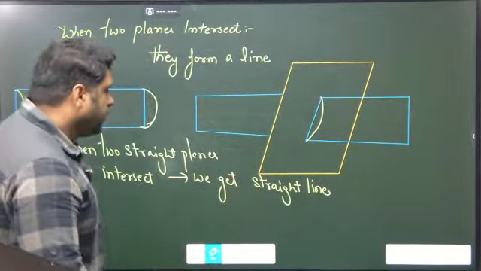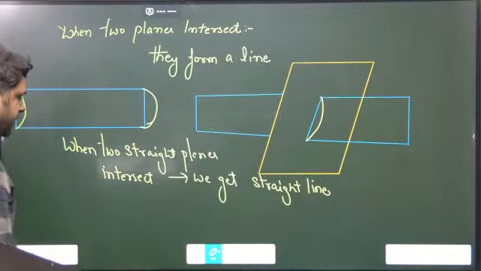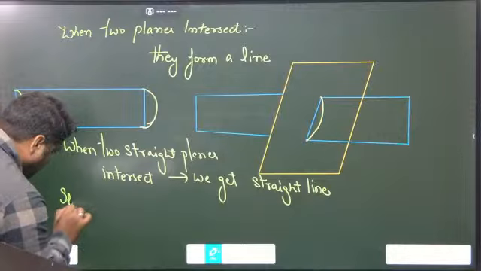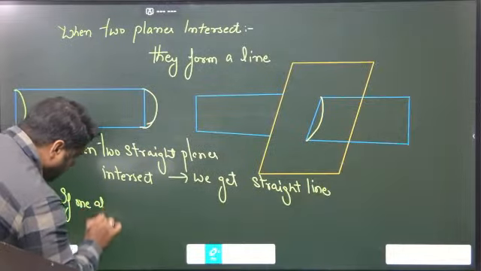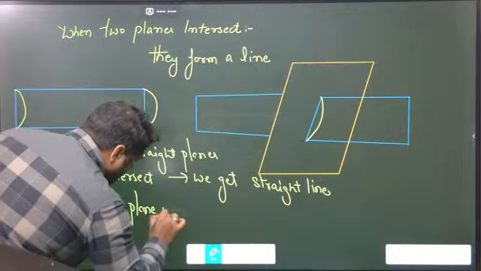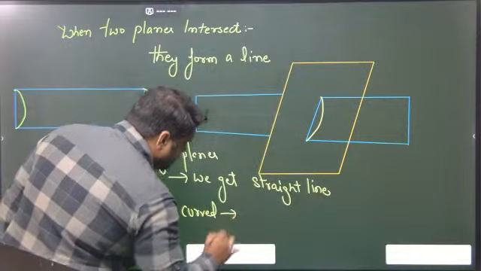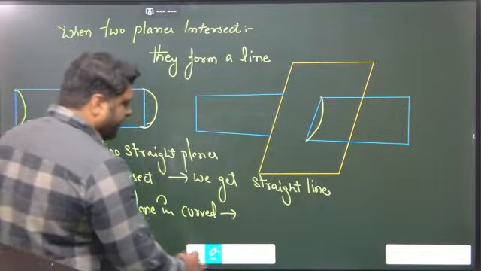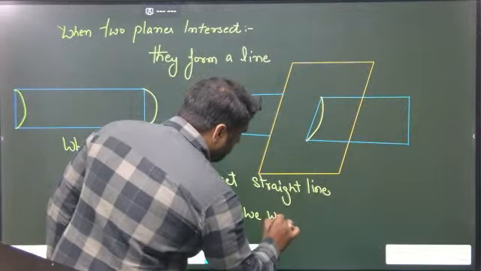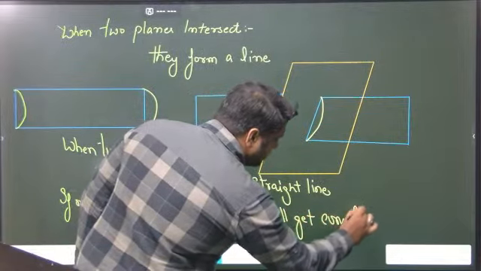So we will be getting curved lines if one of the planes is curved.